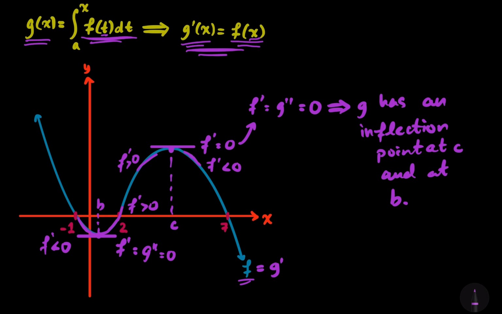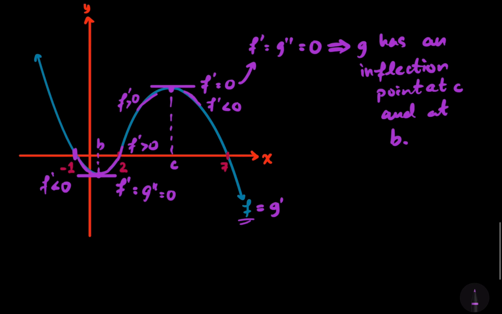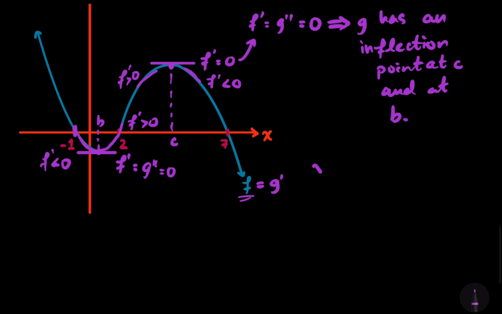We were able to determine that g is going to have certain inflection points. What else can we say about this function? Let's take a look at this interval from -1 off to -infinity. For x a member of the open interval from -infinity to -1, we know that g is going to be increasing.